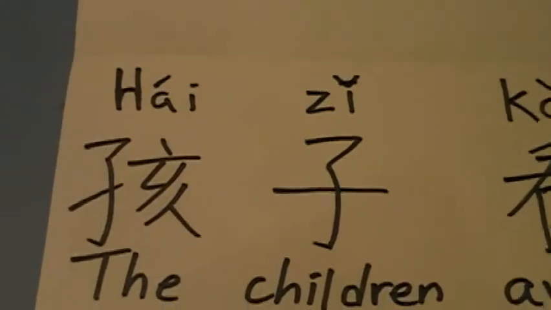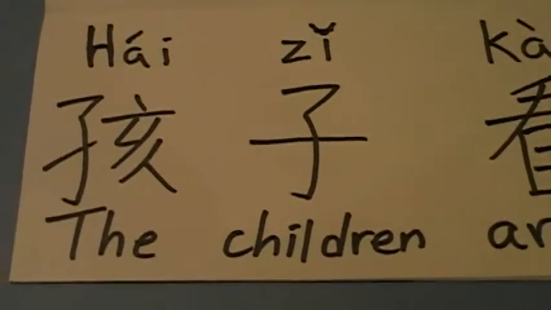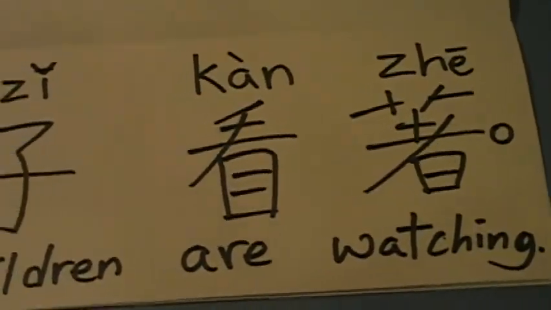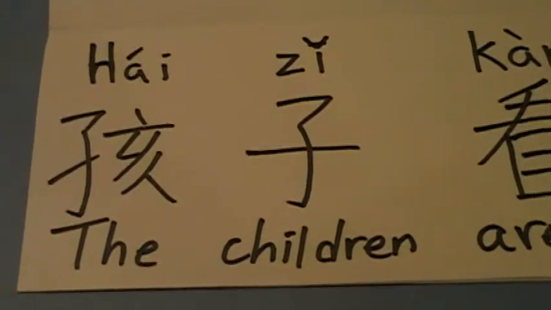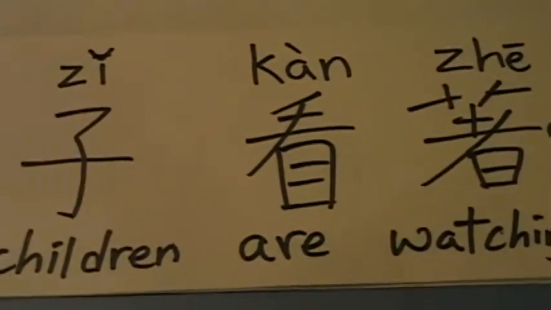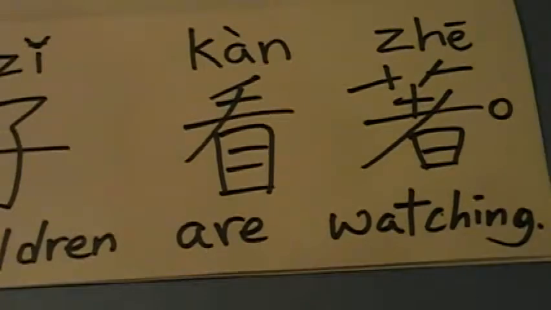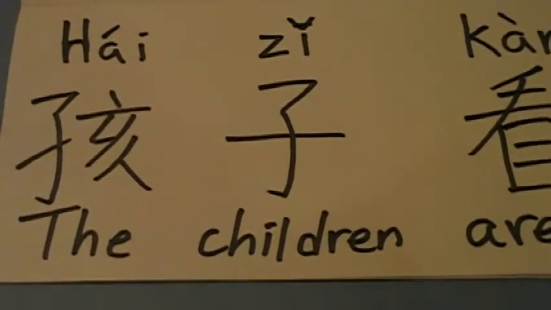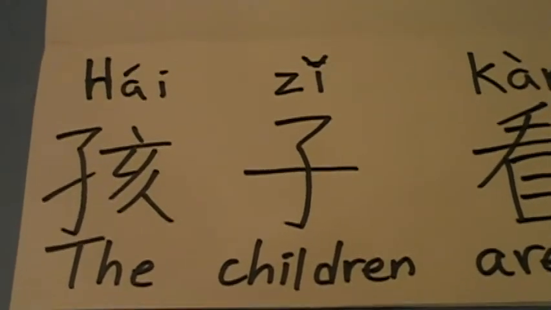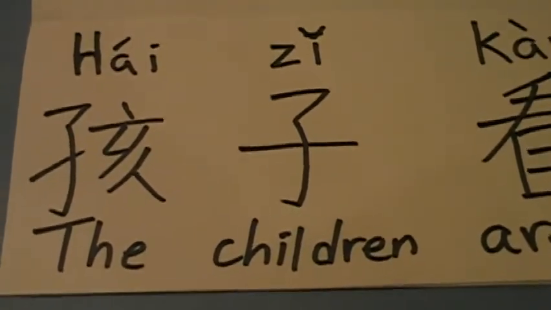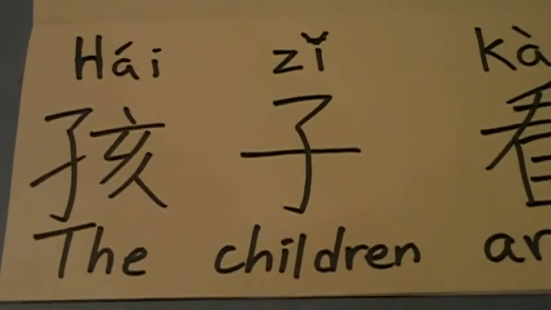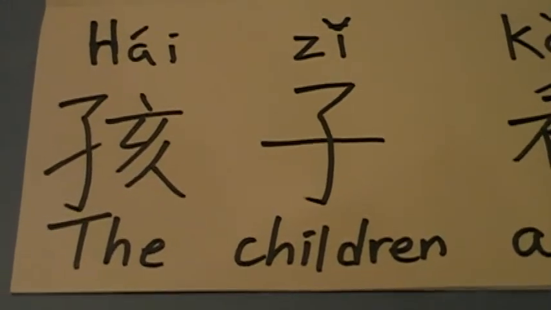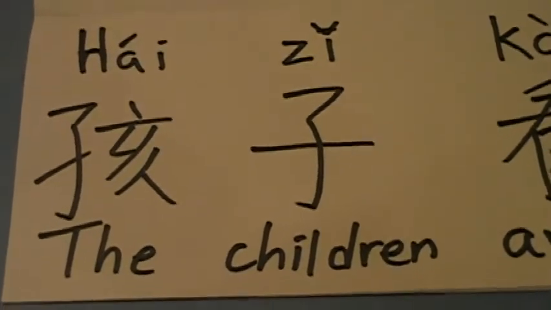And here we have another example of present continuous form with 孩子看着, which means 孩子, the children, are watching, or 看着. 孩子 in this case is specific, and therefore the article the in English does not have to be written in Chinese, because in Chinese, when the subject is specific, there is no need for an article.